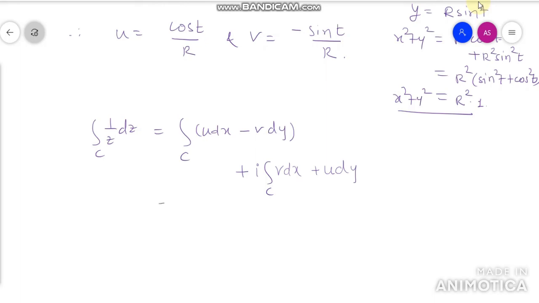We have to put the values of u and v, dx and dy here.